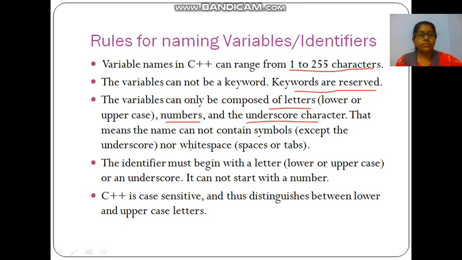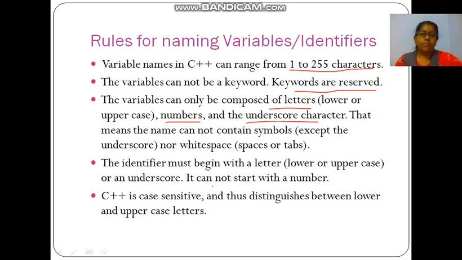No space, no star, no hyphen. Only underscore. In the keyboard, when we press shift and the hyphen key, we get an underscore. Underscore means you have to draw on the line, if it is a ruled book you are using. That is the underscore. It is not a hyphen. So we can use alphabets, digits, or underscore to form the variable.